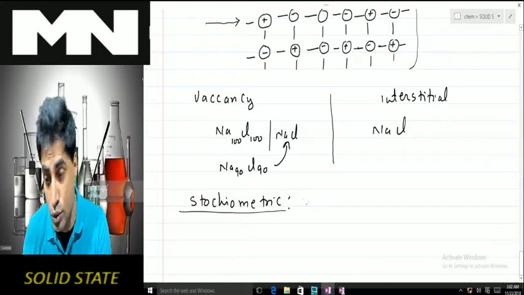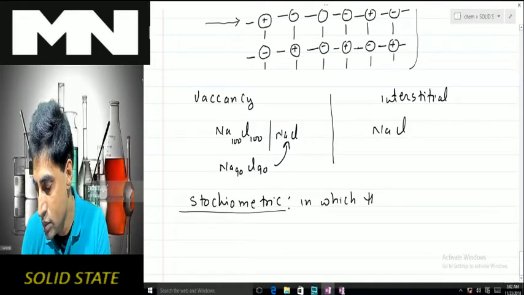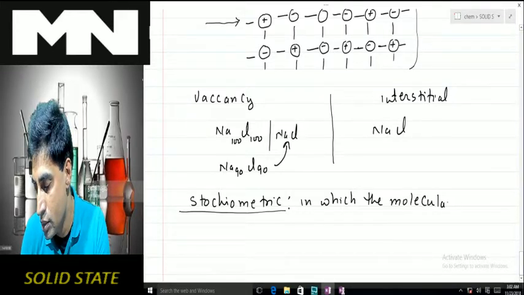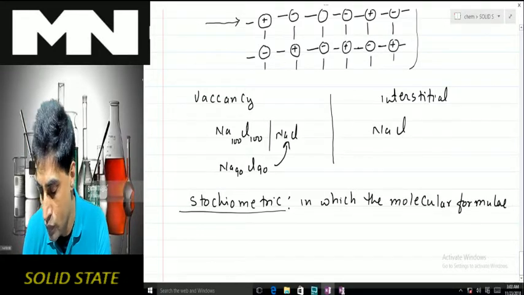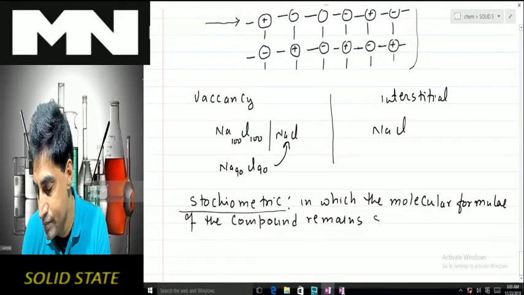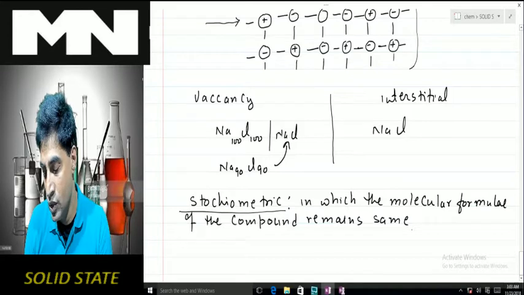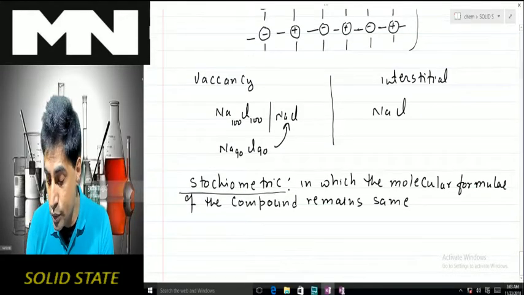Stoichiometric imperfections are those in which the molecular formula of the compound remains same. The molecular formula of the compound does not change.